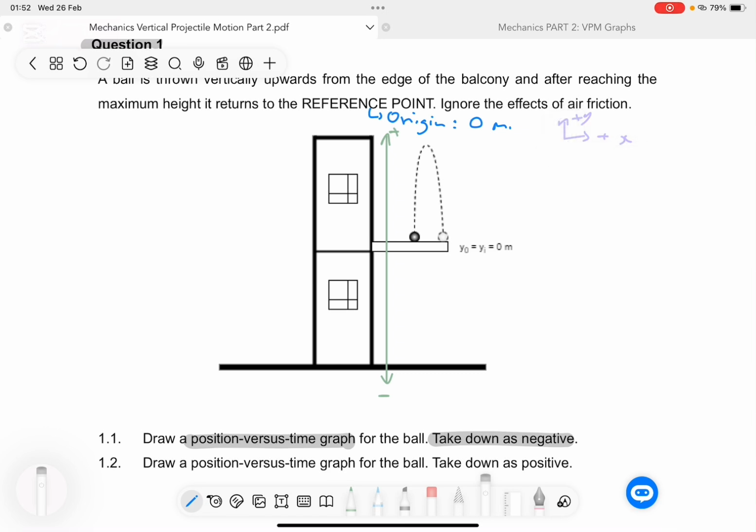Now, when I do that, I can see that positions measured from here will be at 0 meters because this is the reference frame, where our reference point Y0 is equal to 0.